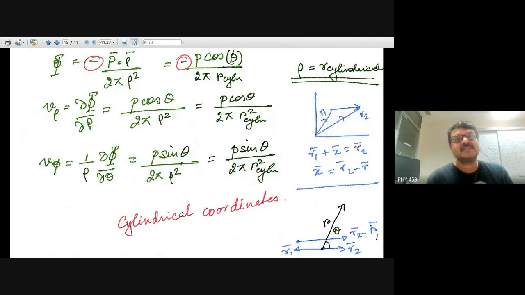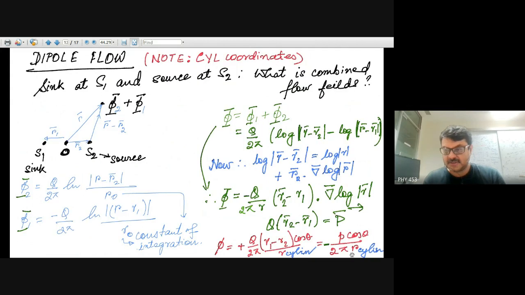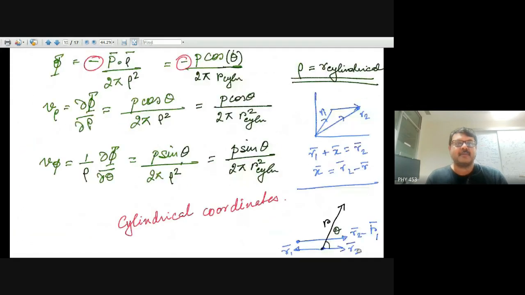So this cos theta, p dot rho. And then I'm reminding you, so this is r square. But if you write it in terms of cos theta, this is r cylinder, because it's just this r cylinder. Whereas if you write in terms of the r vector, you get a rho square here. Okay, so now you have found a scalar velocity potential, a scalar field, for a more complex flow.